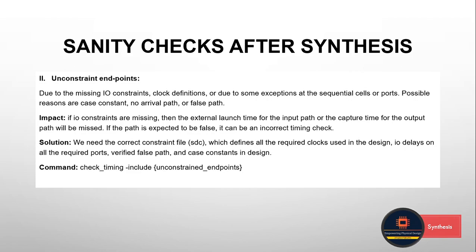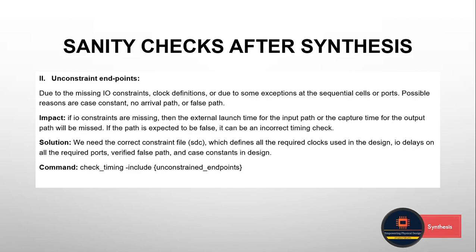So we need to make sure that we have a proper SDC file with all the information clearly defined and declared. If any IO constraints are missing, then automatically the external launch time for the input path or the capture path for the output path will be missed, right?